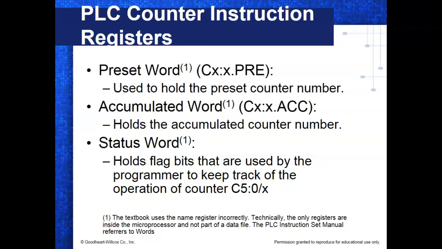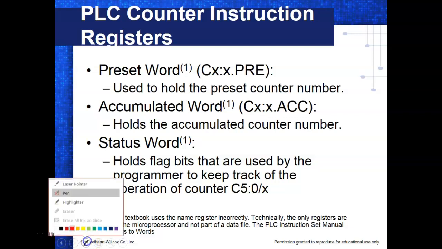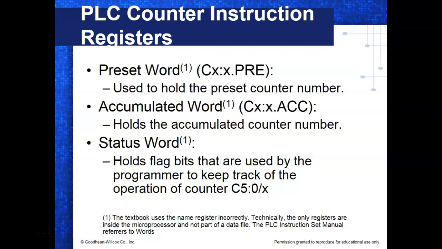What are the flags that we have in the status register? In the status word, what are the flags we have here? We have quite a few. We have a lot more. Anybody remember? Nobody remember?